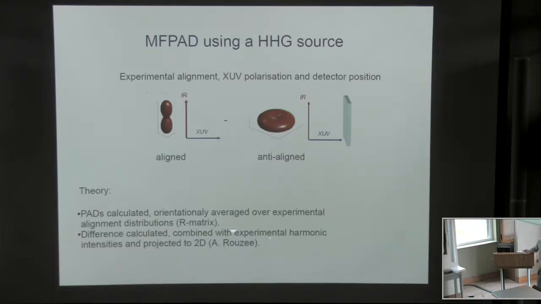And then one of the experimentalists, Arnaud Rouzée, combined this with the experimental harmonic intensities and found a difference and projected onto this 2D screen, so they can compare with what they see on their detector.